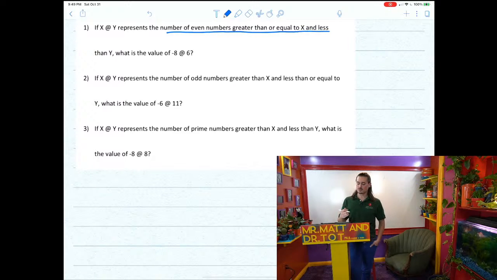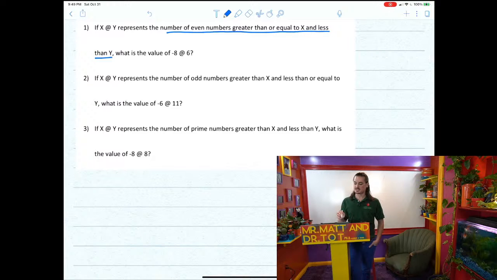They're first listing the format x at sign y. So x represents one number, y represents another number, whatever numbers they choose to put. What they're saying is that whenever they put a number to the left of the at sign and to the right of the at sign, it no longer represents those individual values.